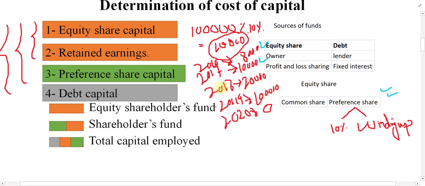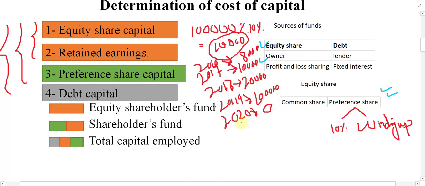In 2018, the profit is 20,000. Out of the 20,000, 10,000 will be paid for this group, and the remaining 10,000 will be paid for this group. In 2019, profit is 1 lakh. Out of 1 lakh, again 10,000 will be paid for this group, and 90,000 for this group.